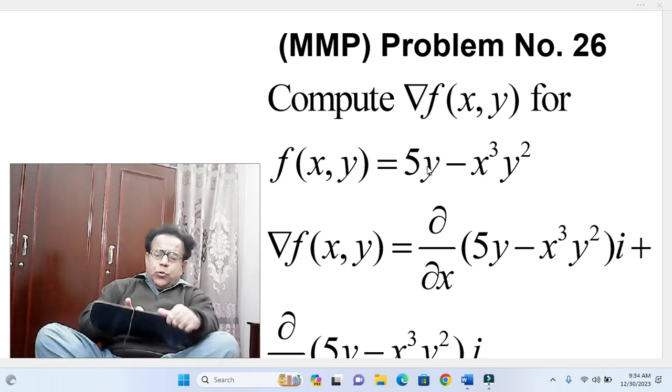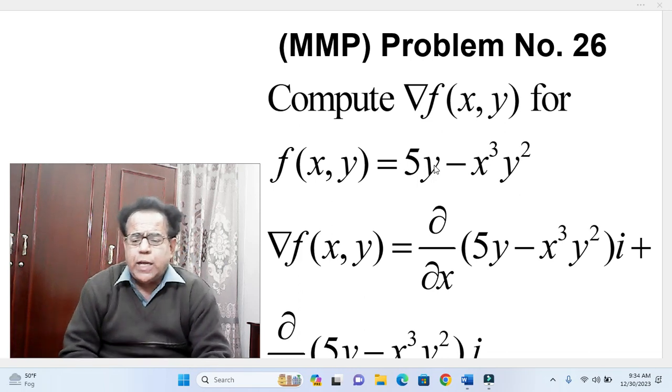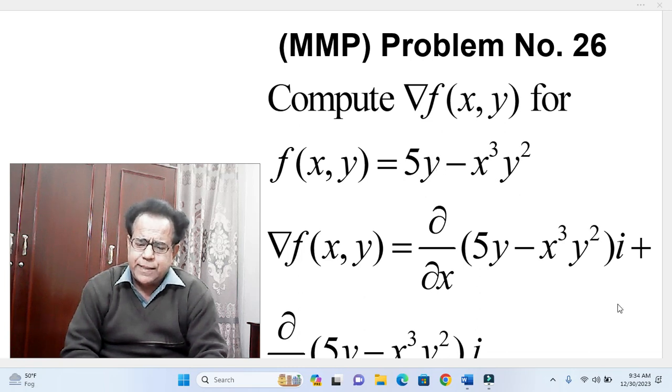It is only two-dimensional, only x and y. When z is also given, then we also take its partial derivative with respect to z. However, that is not the present case.